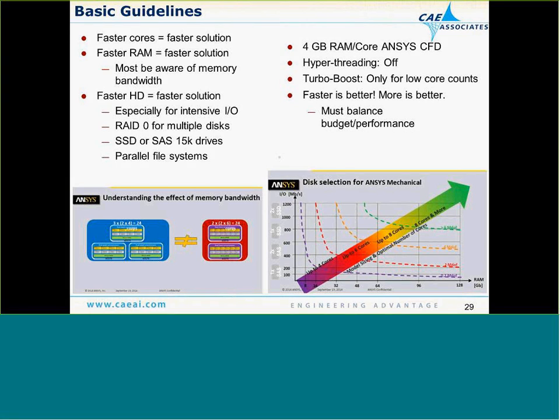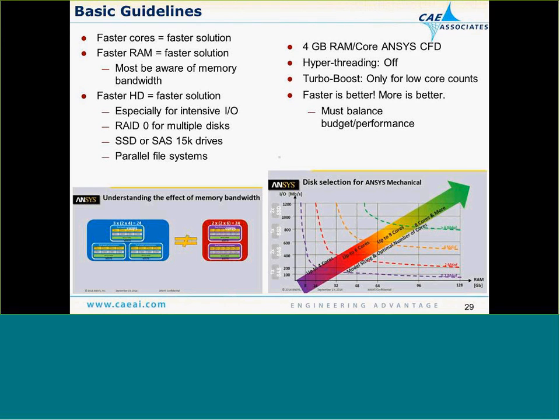Faster RAM is a faster solution, and you must be aware of the memory bandwidth, as I mentioned before. Faster hard disk, faster solution, especially for mechanical and intensive I/O. And we recommend a RAID 0 for multiple disks, and for your scratch space, we recommend SSD or SAS, and even better, a parallel file system when you can do it.